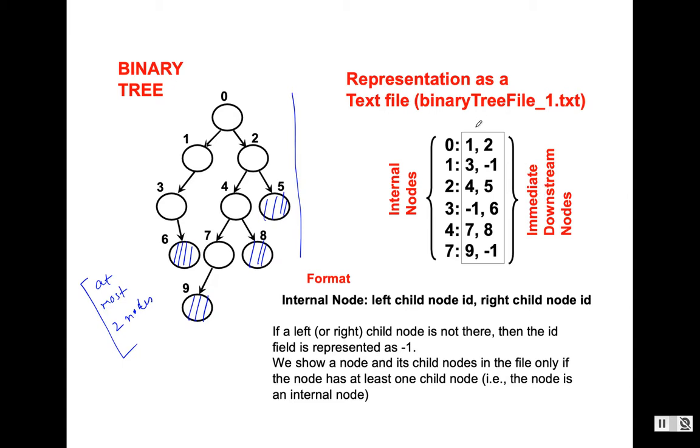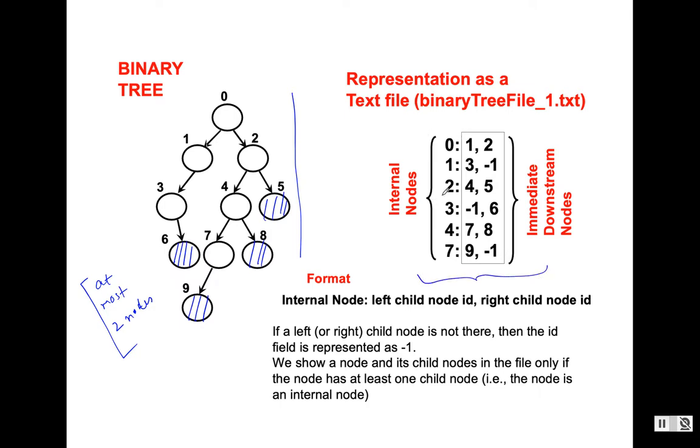So one format is that we can represent the information of the binary tree or a tree in the form of a file. Okay, so this is an example of a file where we can store the information.